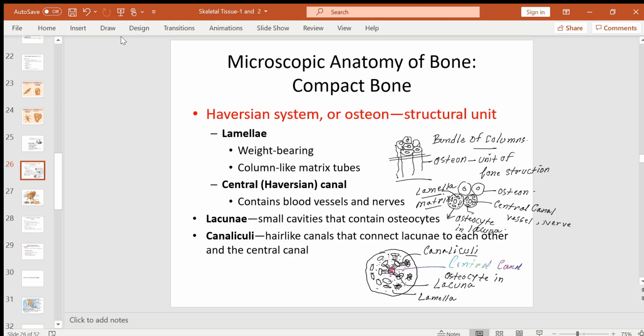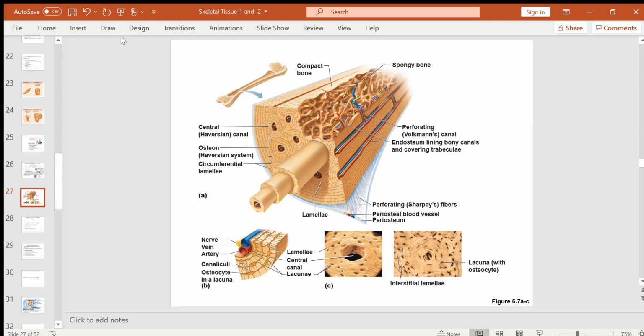Osteon is also called Haversian system, and central canal is also called Haversian canal. Here now you see that inside the compact bone, this is one osteon or Haversian system, this is another osteon.